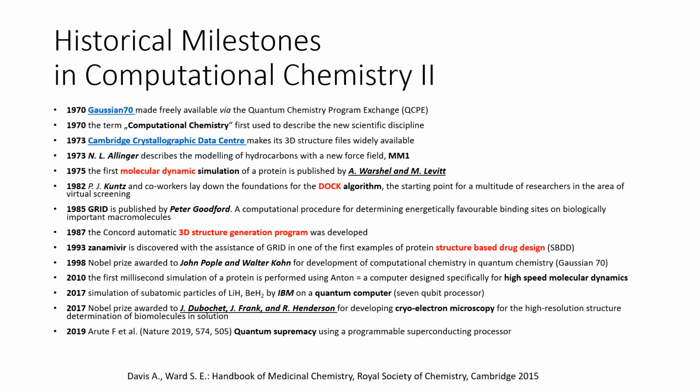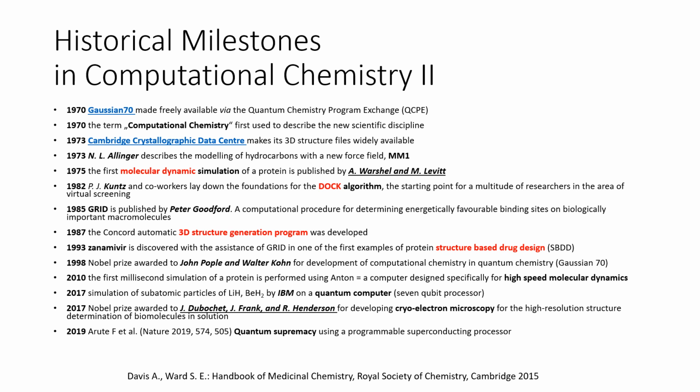And 10 years ago, the first millisecond simulation of a protein was performed using Anton, which is a computer designed specifically for high-speed molecular dynamics. 3 years ago, simulation of subatomic particles of lithium hydride and beryllium hydride was performed by IBM on a quantum computer using a 7-qubit processor.